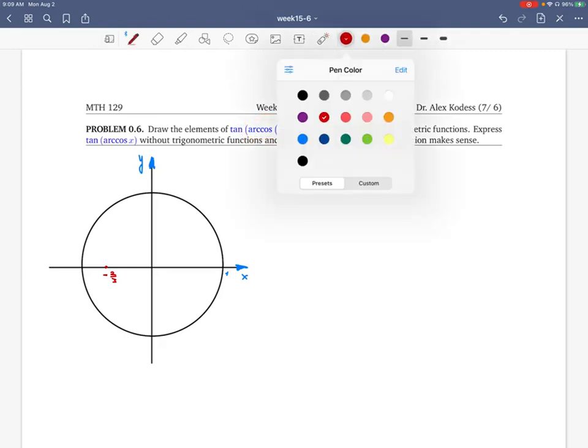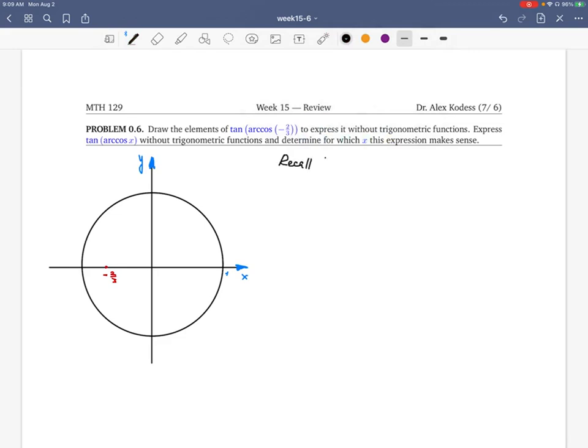Remember, arc cosine of negative 2/3 is the unique angle or the unique number that is first between the boundaries 0 and pi, and second, the cosine of that angle is negative 2/3.